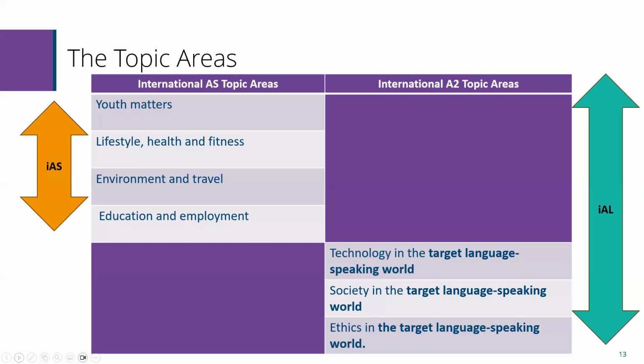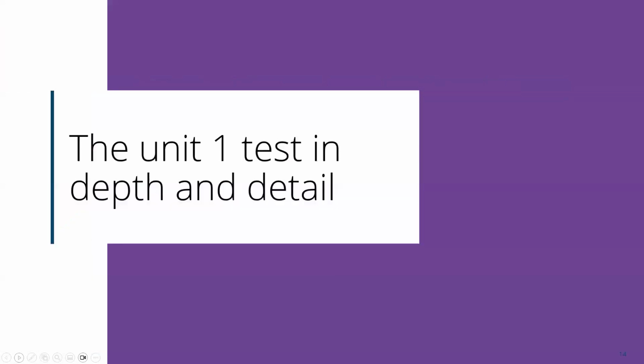They need to be rooted in the French, Spanish, and German speaking world, and not just anywhere. And that's very important in terms of the marks that are given for that international A-level if those candidates are going to talk about those areas.